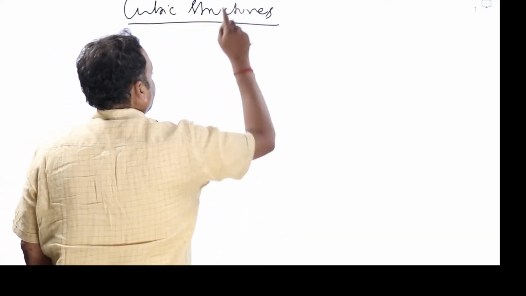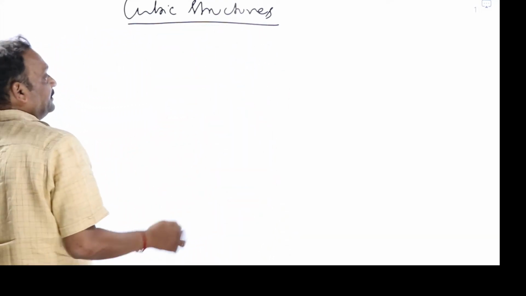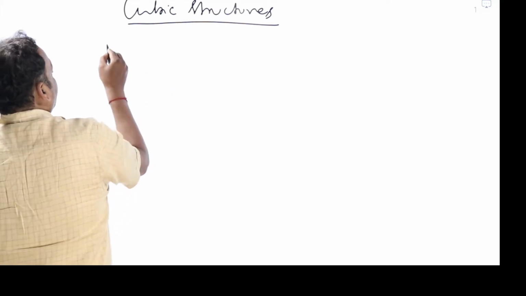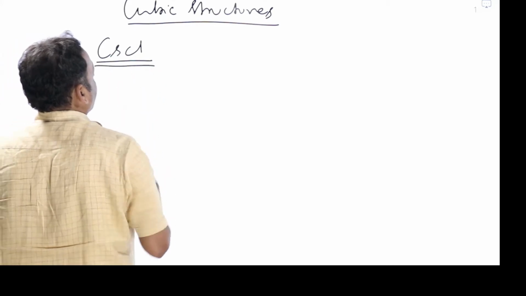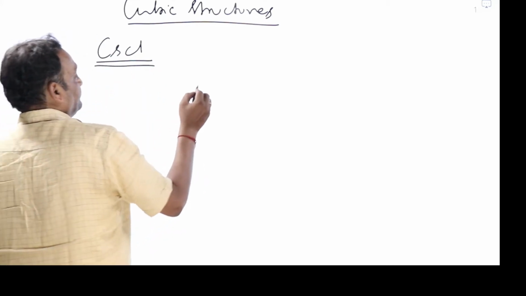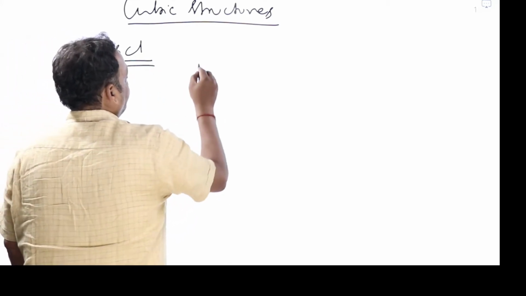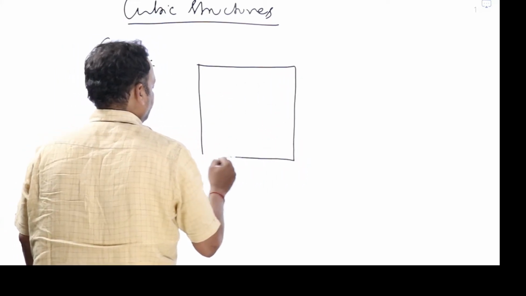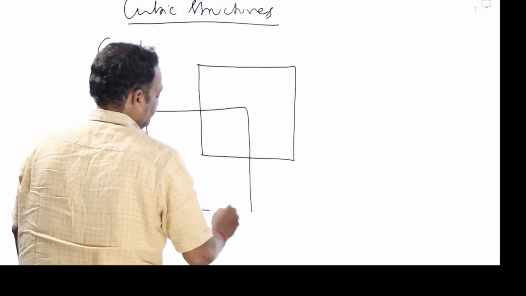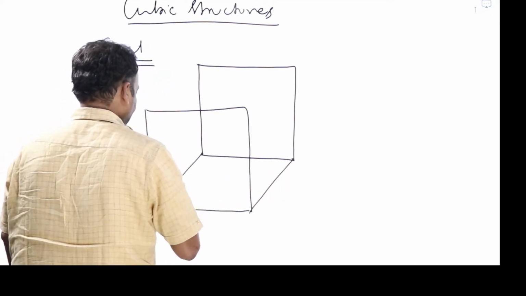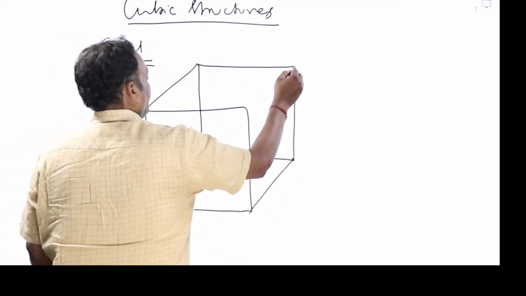The first two atom basis structure, the simplest to understand, is known as the cesium chloride structure, CsCl. Here the basic structure is a cube like this.